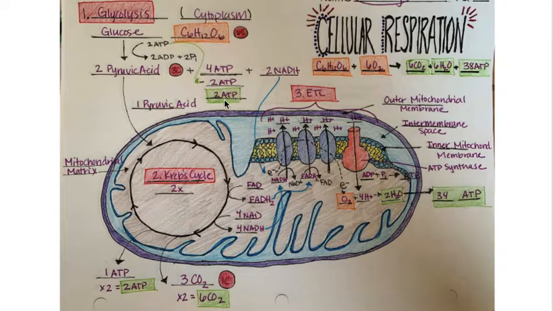You'll notice these ATP are in green. That's because eventually we're going to use them to add into our 38 ATP that we see in our overall equation. So if I were to say, what's the main point of glycolysis? Well, the main point of glycolysis is to take glucose and to turn it into pyruvic acid. And the reason we need to turn it into pyruvic acid is we're going to use it in the Krebs cycle.